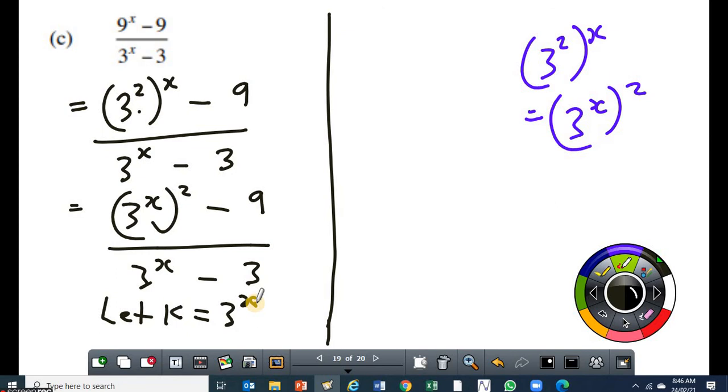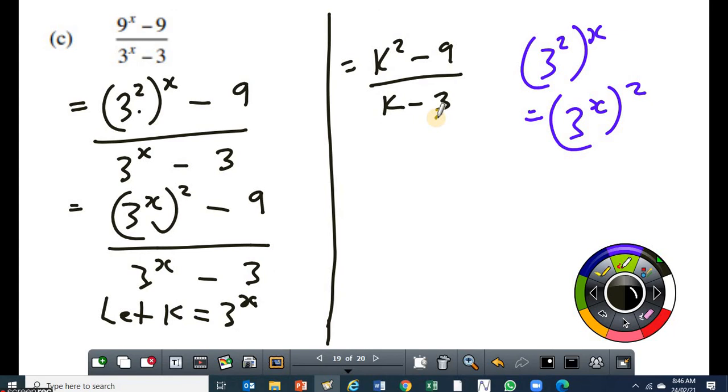Once I do that, it's going to make it easier for you to relate what you know from grade 9 and grade 10 with this question. So where there is 3 to the power of x, I'll put k. Later, I'll come back to 3 to the power of x. So this becomes k squared minus 9 over k minus 3.